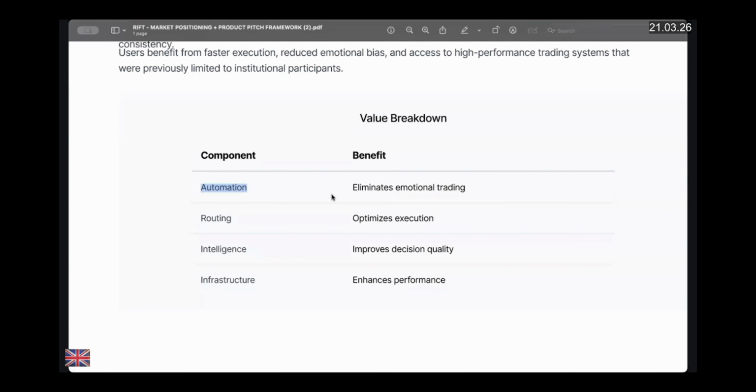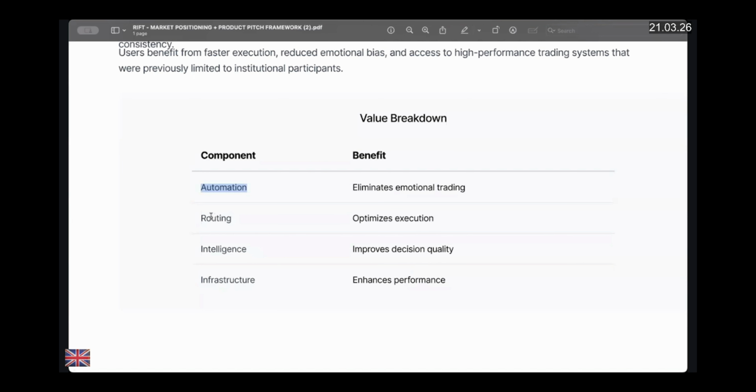So that's emotional trading, and on emotions, you become more confident and you become aggressive. The automated trading engine completely eliminates emotional trading, or the dominance of emotions on the execution of any trade that you take part in.